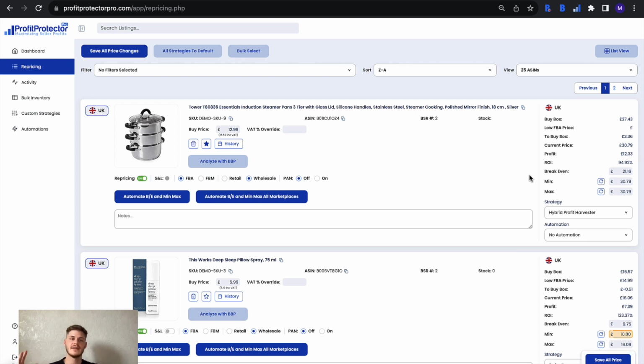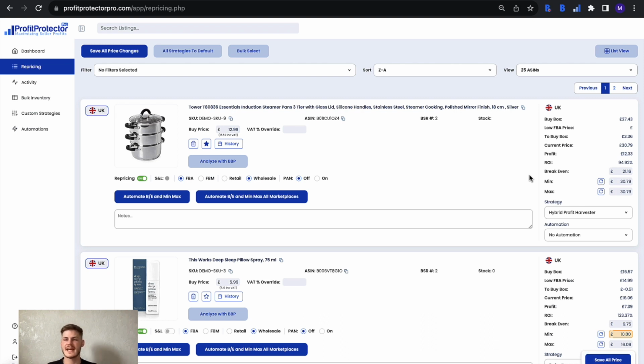Now things can naturally change on a listing whereby the price ranges move, or it could be that a particular seller that you're competing with will win the buy box, but then move the price down below your minimum. And if things like that keep happening, it may be worth adjusting your minimum. If the pricing naturally shifts on the listing below your minimum price, then it's worth adjusting it anyway in order to compensate for that.